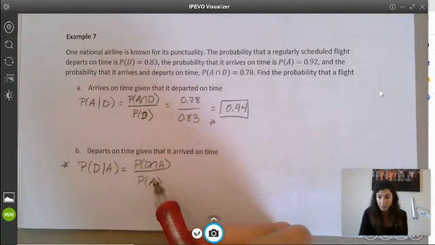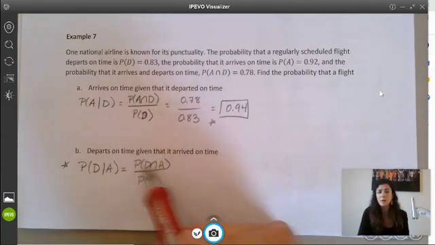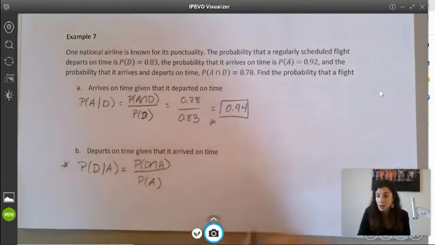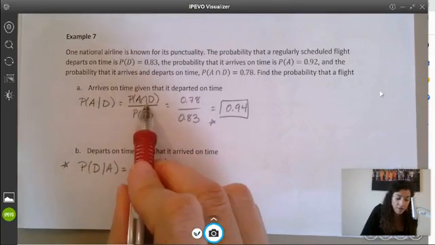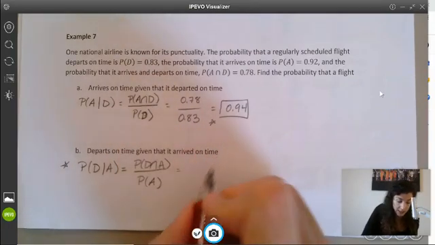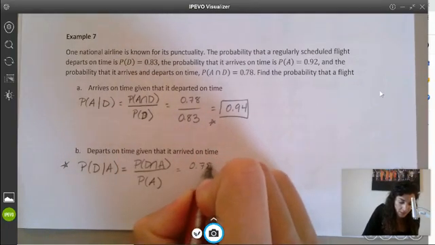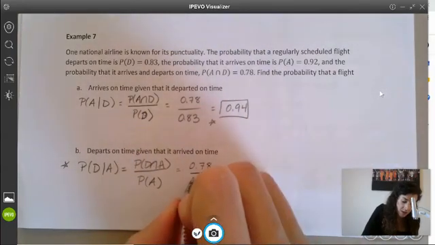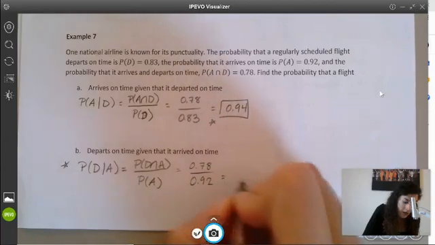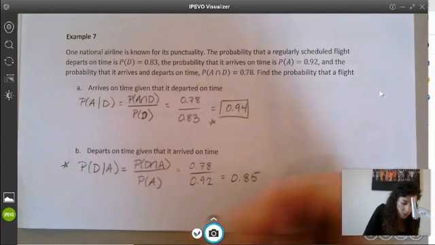The intersection is always going to be the same. It doesn't matter. But now we're going to divide by the probability that it arrived on time. Dividing that out, you should have gotten the decimal 0.85.